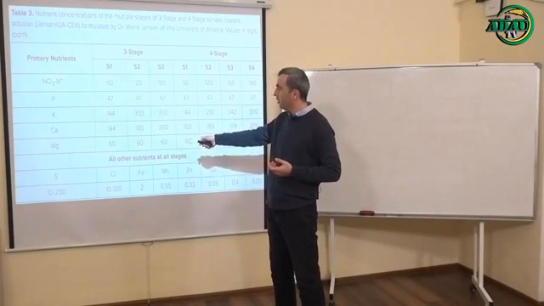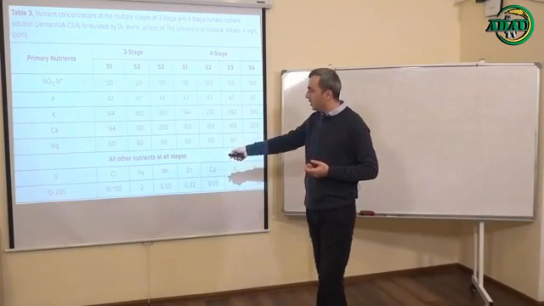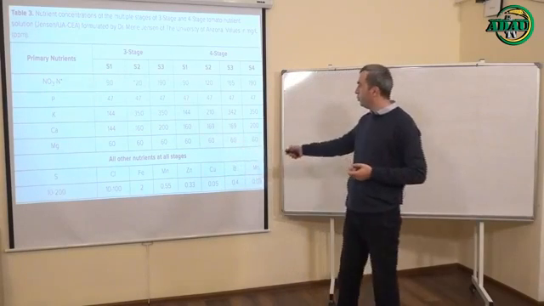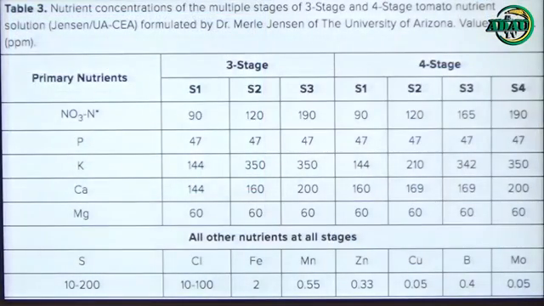You see, from 144 to 350. Same with calcium. And if you look at the fourth stage, its numbers have also been presented. All the micronutrients are given in milligrams, of course, and in some cases in grams. You can see chlorine, chloride, iron, magnesium, zinc, etc.